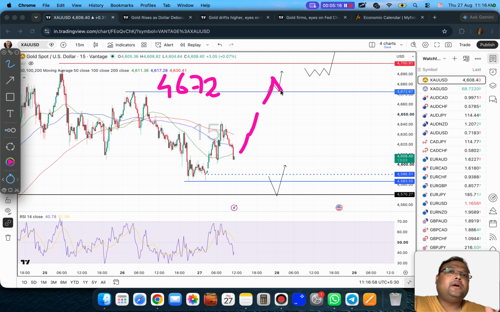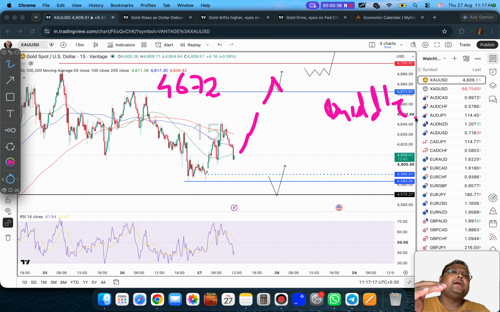Try to avoid breakout trades because whatever we are discussing right now, everything is happening in the middle of the chart, or the middle of the range. If you are an experienced trader, or if you have been trading for a couple of months, you must know that in a sideways market, trading inside the range is very risky.